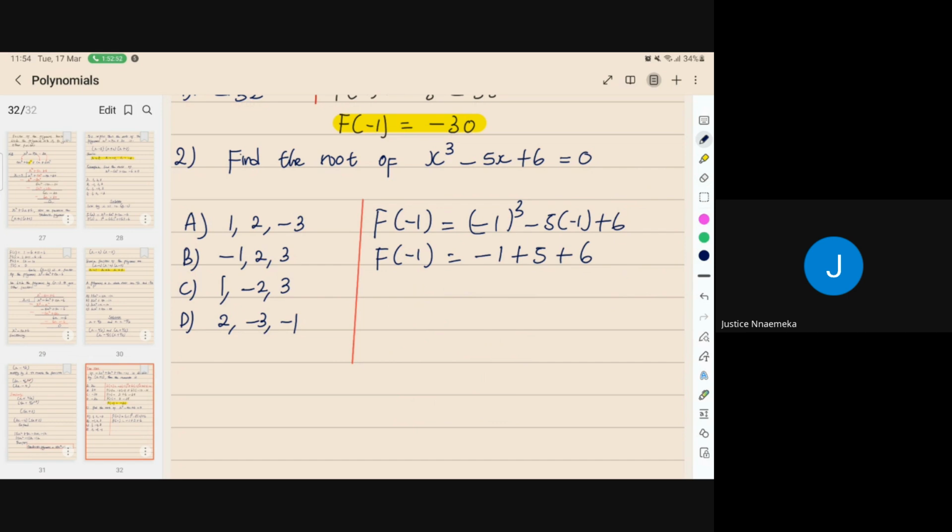Are you sure the options are even correct? So which one can go? Let me use a calculator so it will be faster for us.